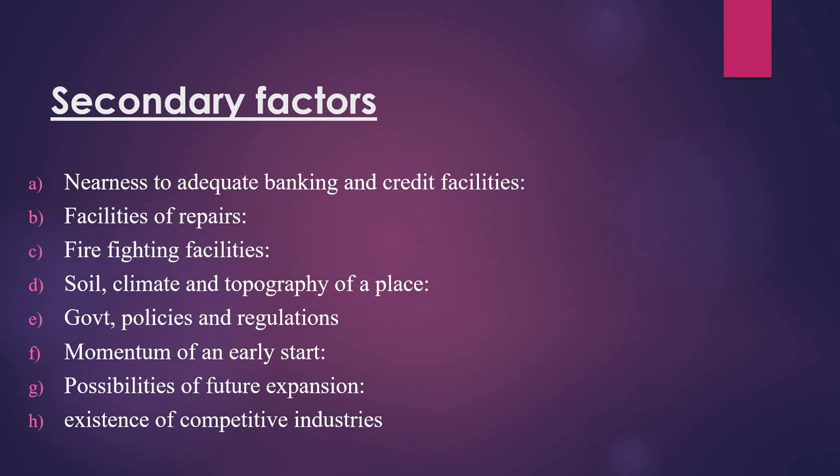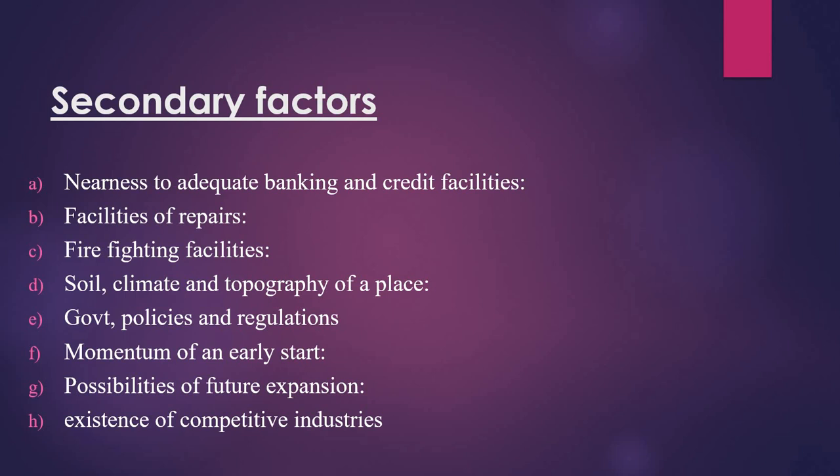Next is soil, climate and topography of a place. Okay, soil, climate or geographical condition also affects the industrial location. For example, a tea processing industry can be seen in some cool places, correct? In Assam, maximum of the industries which are related to tea will be established in Assam because of the availability of that product, correct?